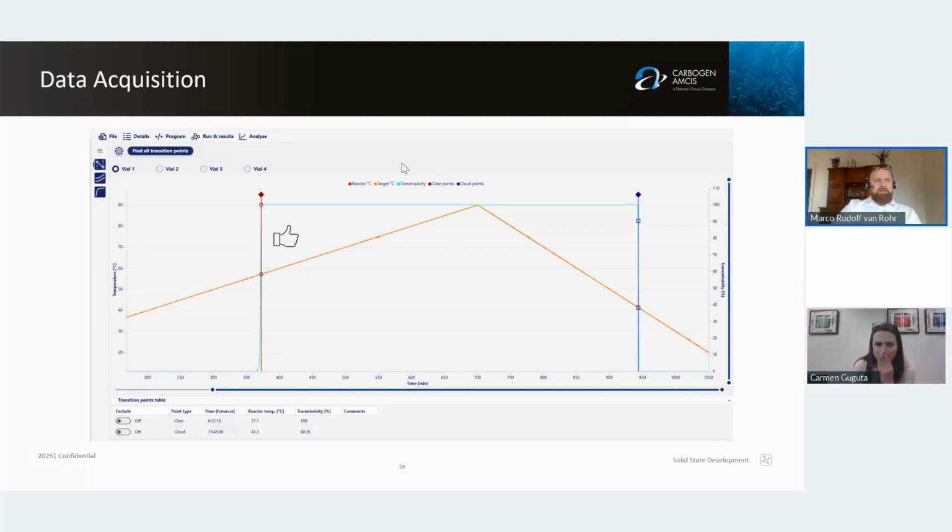If my solubility data has to be very bulletproof, I take it with different heating rates, cool down quite fast, and go up with a different heating rate, doing these different alterations just to have bulletproof data if I want to make a major process change based on this data. But sometimes just quick and dirty. It depends on what your objective is, what you want to get out of it.